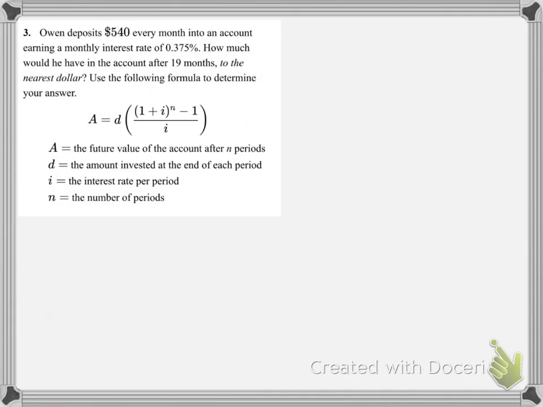Now the last one says Owen deposits $540 every month into an account earning a monthly interest rate of 0.375%. How much would he have in his account after 19 months to the nearest dollar? Now, we're not going to have to do anything extra here like we did in the last problem because we're depositing every month.